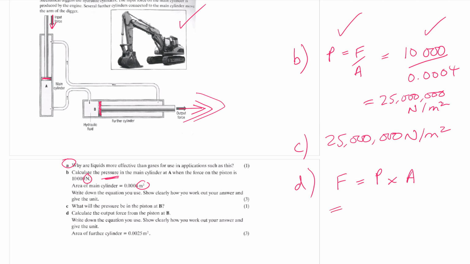Well, the force is pressure times area, 25 million multiplied by the area, 0.025, and that equals an output force of 62,500 newtons, which is much larger than the input force, which was only 10,000.